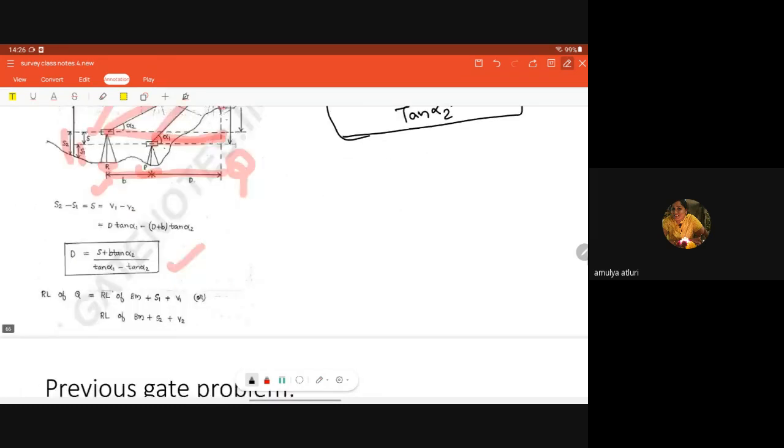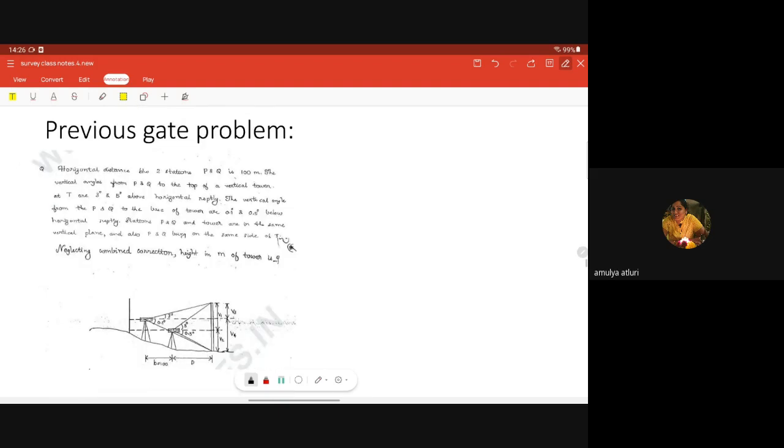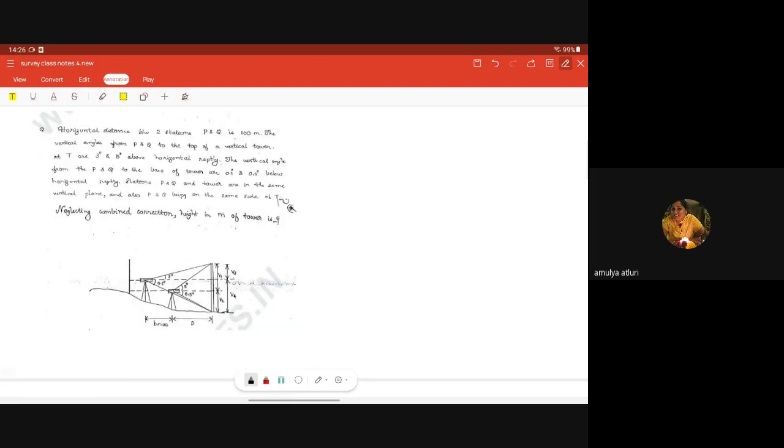Okay, let's deal with one problem in this chapter. The horizontal distance between two stations P and Q is 100 meters. The vertical angles from P and Q to the top of a vertical tower at T are 3 degrees and 5 degrees.